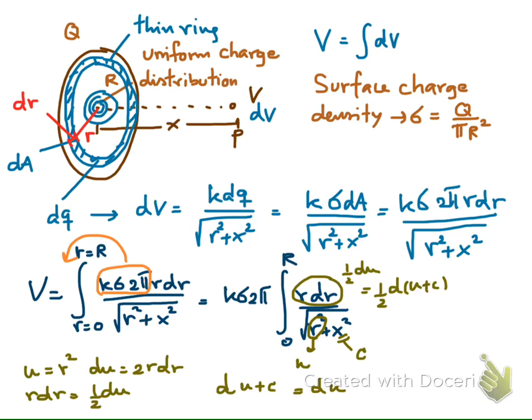Anyway, we can conclude that doing this integral, we will get the result that V is equal to 2 pi k sigma times the square root of r square plus x square minus x.